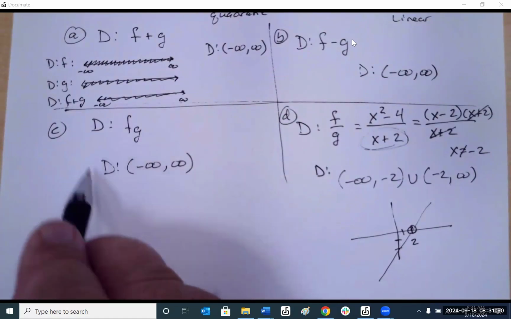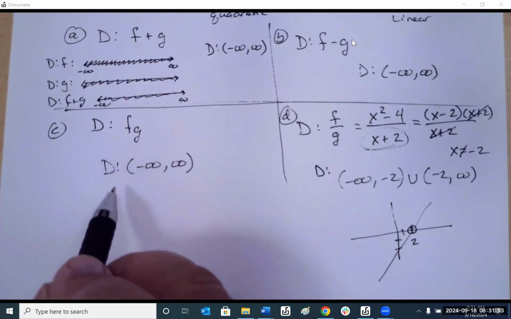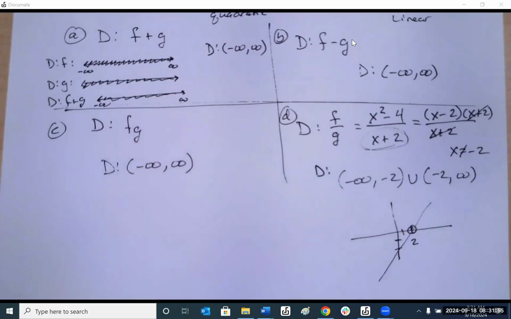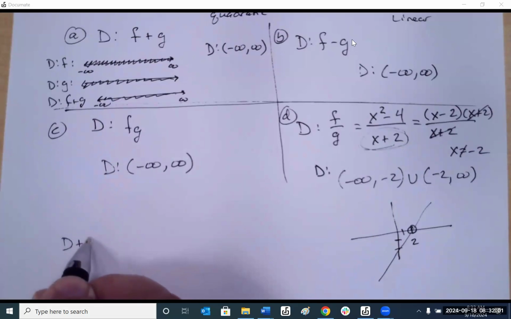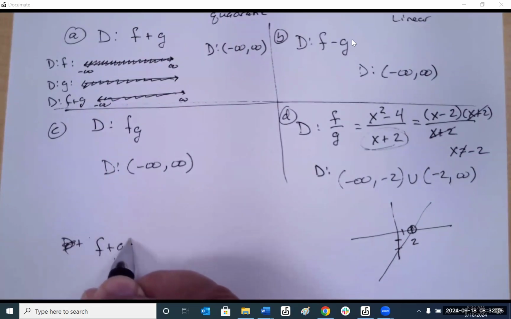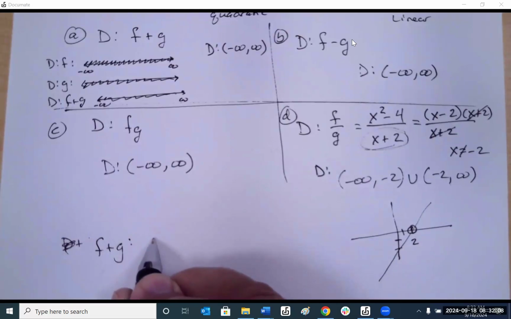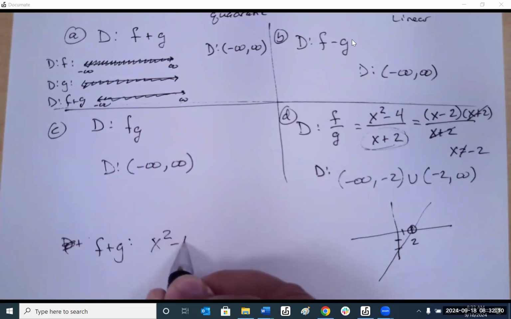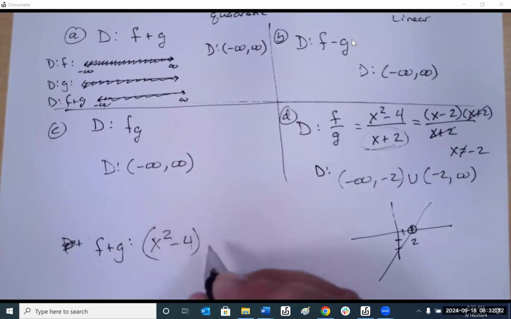What would this function look like if we did f times g? Let's do all of them. f plus g would be x squared minus 4 plus x plus 2.